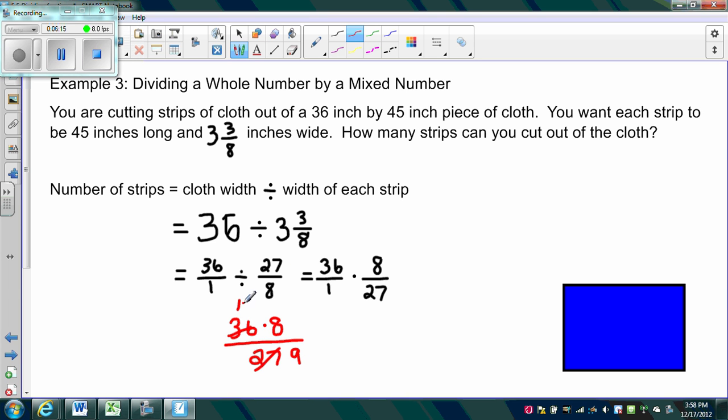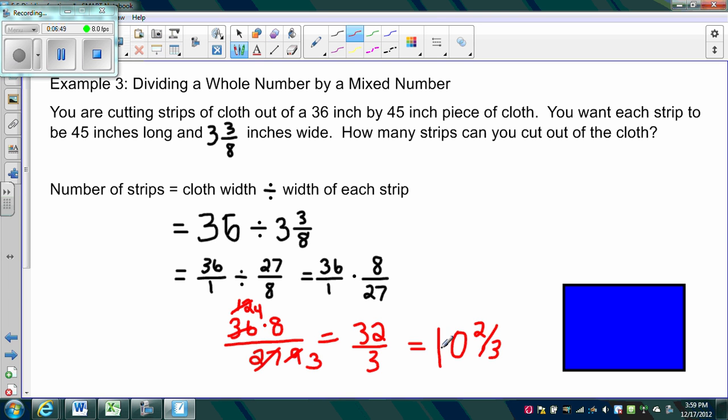Actually, I didn't simplify it as far as I could because 3 still goes into 9, and 3 goes into 12. So we're left with 4 times 8, 32 divided by 3. And then we can write this as an improper fraction, or a mixed number. So 32 over 3 is going to be equal to 10 2/3. So that's how many strips we could get.